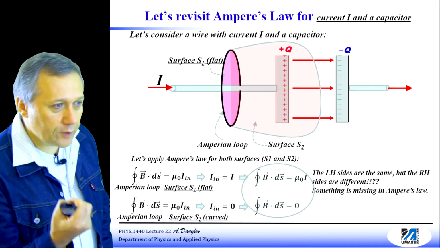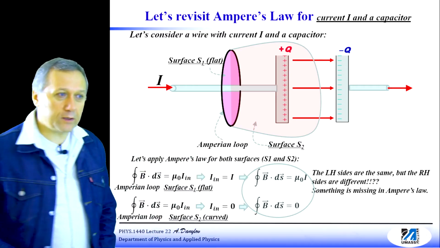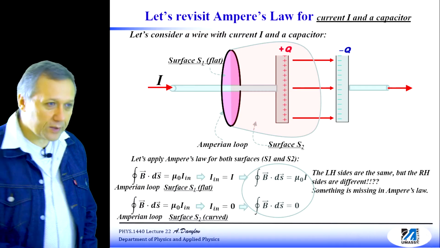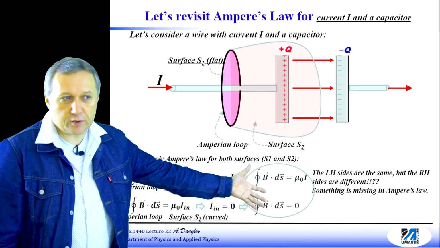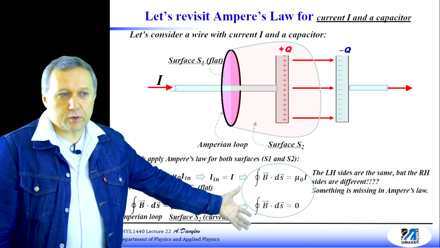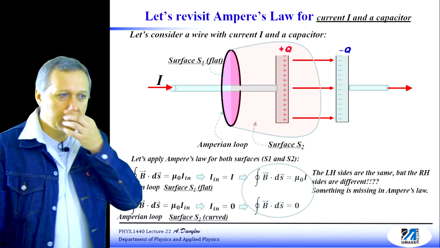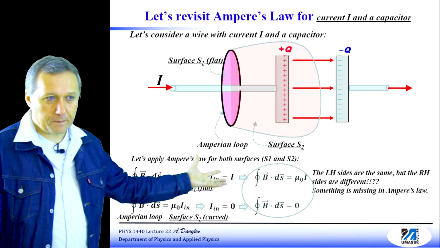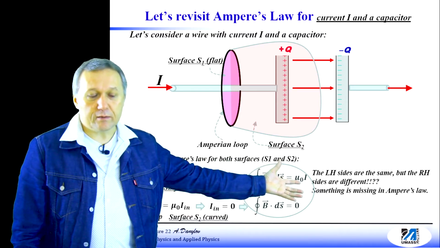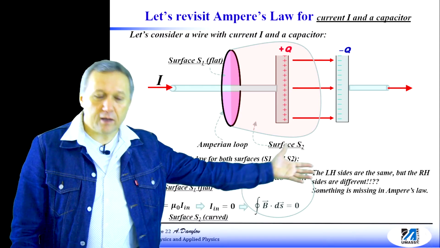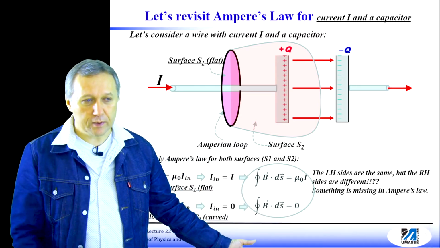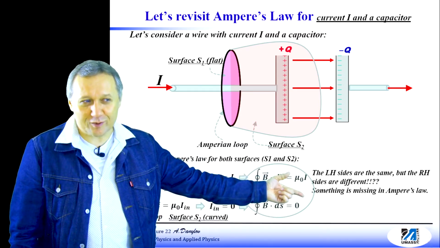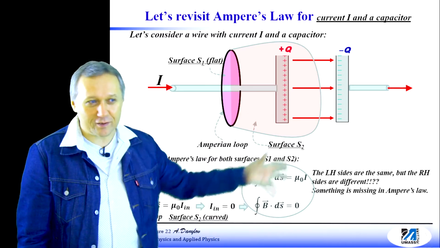Which part of the law, which side of the law, failed to work? Obviously the right-hand side, because on the left-hand side we have this integral of B dot ds, and there's nothing wrong, it's exactly the same for both surfaces. But obviously the right-hand side, the current side, has the problem. And again, nothing wrong with the universal constant mu naught, that's just a constant.